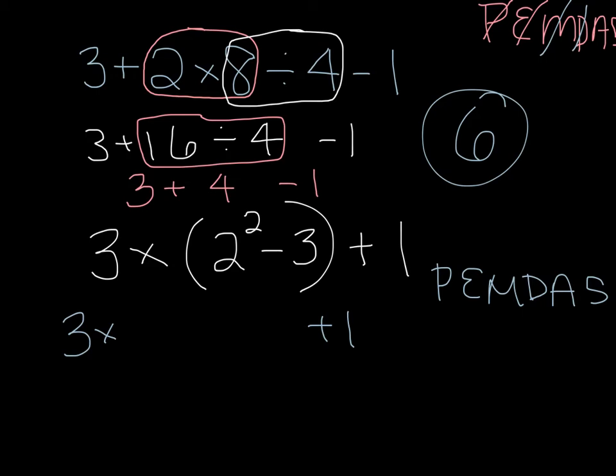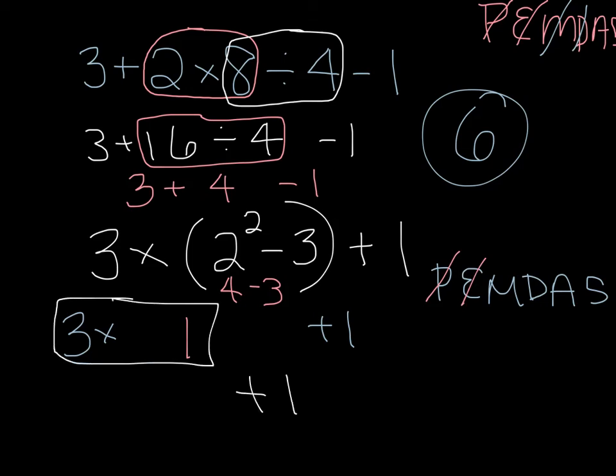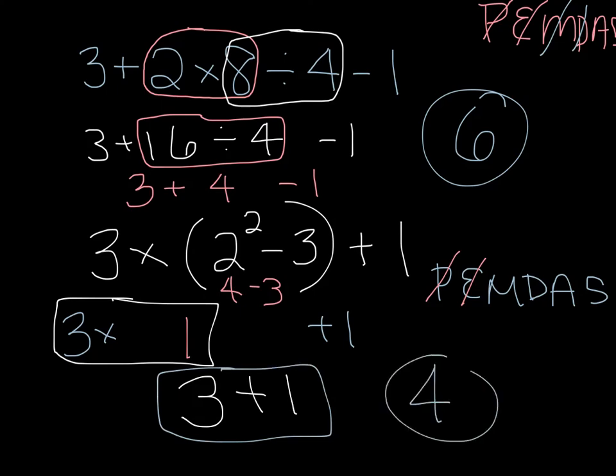So I have 2 squared, which is 4. Then I can work out my parentheses of 4 minus 3, which is 1. So I did my parentheses and I did my exponents. Now I have my multiplication, so my plus 1 stays the same. 3 times 1 is 3. Now I have my addition, which is 4.